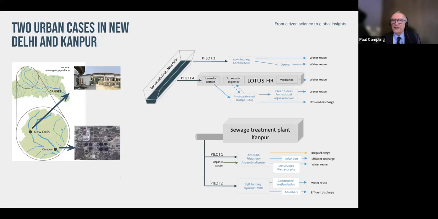So the two case urban areas that we are working in are very different and very interesting to look at some of the problems in India. So in New Delhi, we're working on the Barapula drain, which of course is a drain originally used to take off the excess rainfall during the monsoon period.